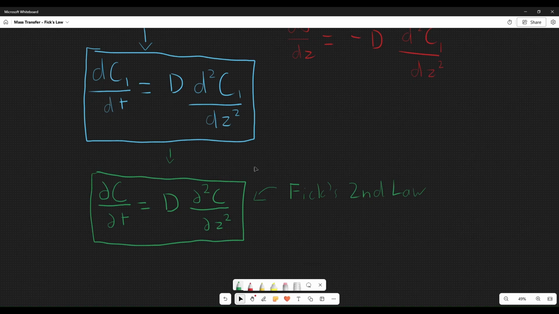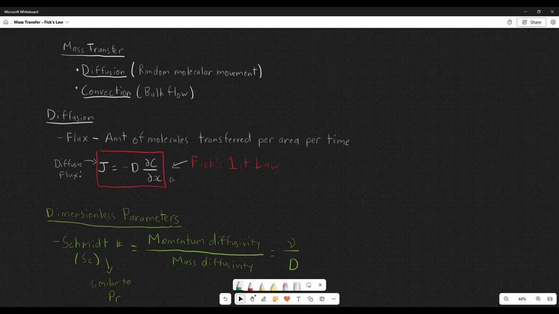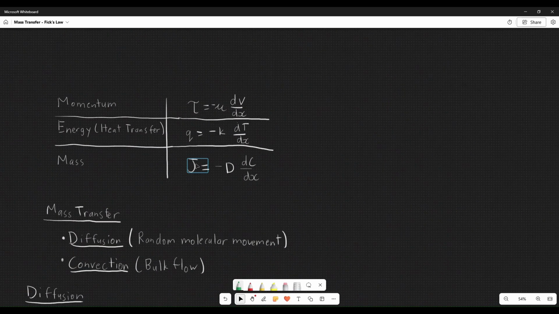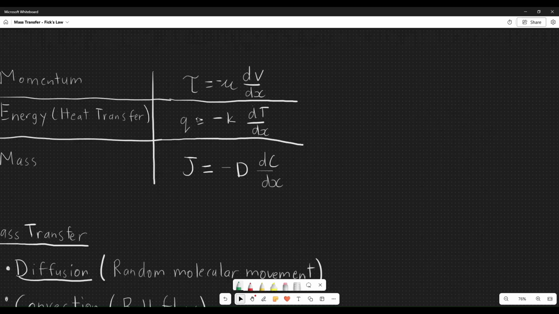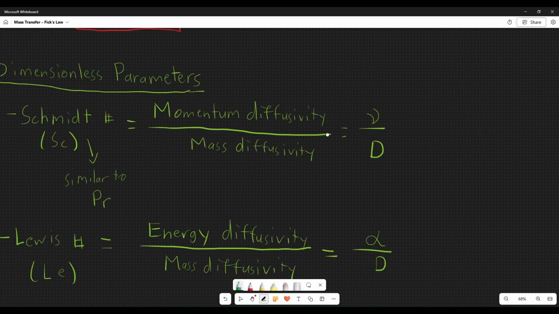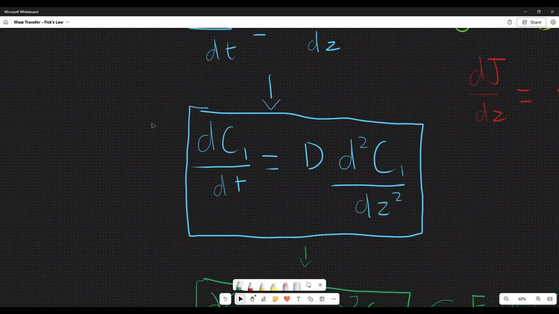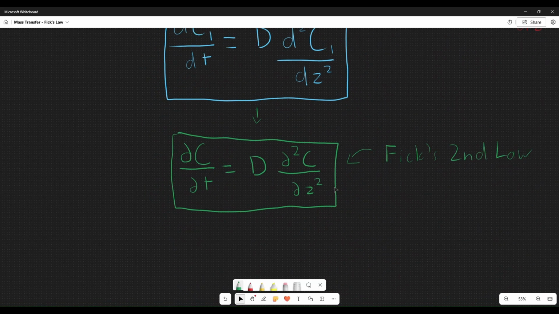What I've basically done is taken the original law, Fick's first law, which we already know is very similar to Fourier's first law and Newton's law of viscosity. We can probably imagine that mass transfer is very similar to heat transfer and momentum transfer. We took this law and created an equation that can describe transient mass flow with Fick's second law.